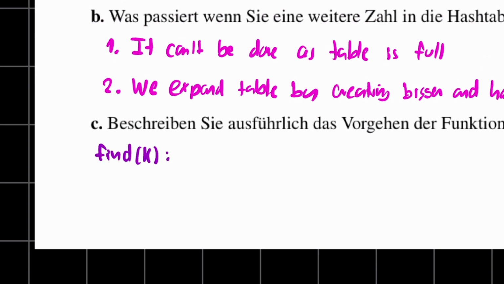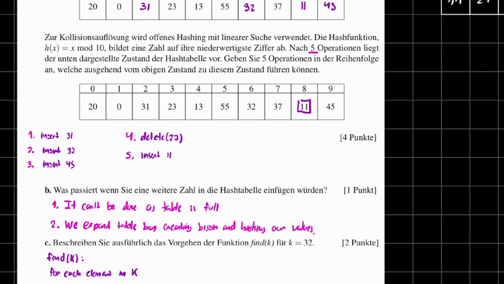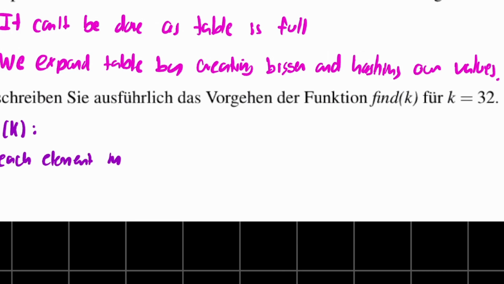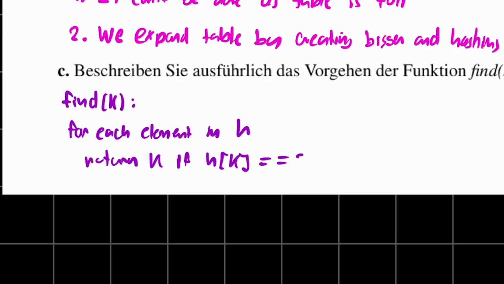It's basically for each element in the hash table, return k if h(k) is equal to 32.